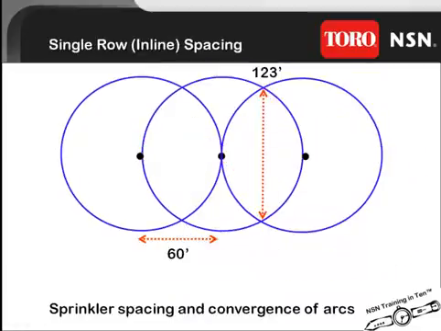The inline pattern has sprinkler spacings and row spacing. The row spacing is the convergence of the sprinkler arcs. If you have odd-shaped sprinklers, then you utilize the area and directly type the area that station covers.